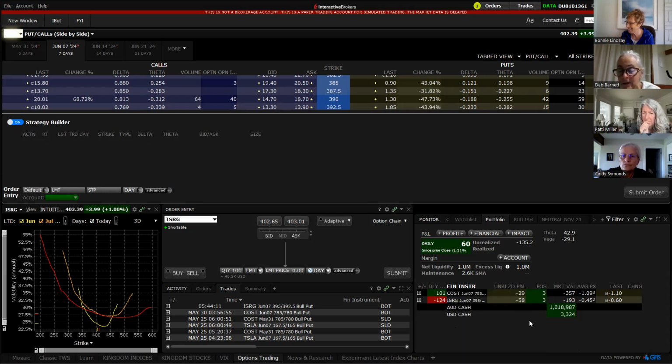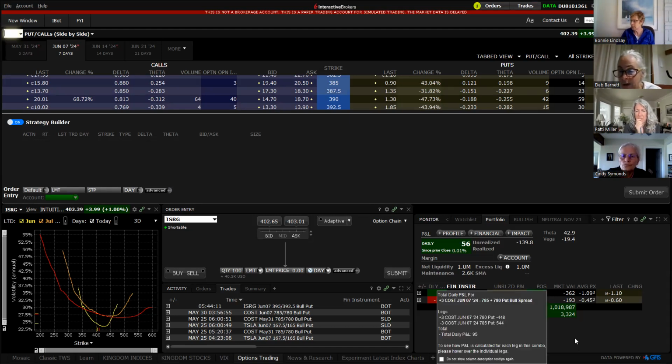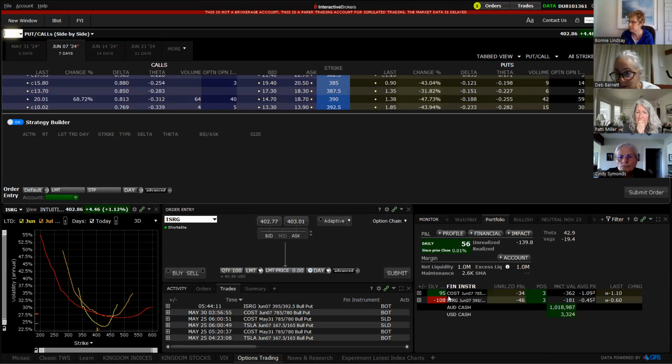Because it's not telling us the value of our trade at the moment. So see right now, my Costco one appears to be quite profitable, like it's still at profit today, but then it's got unrealized as $34. So I don't know.